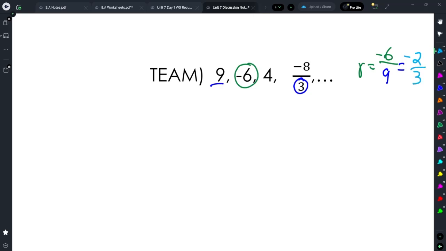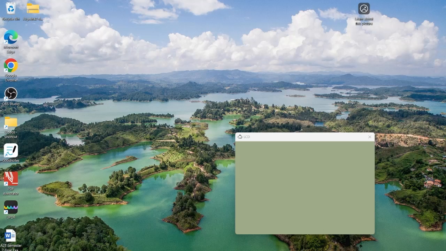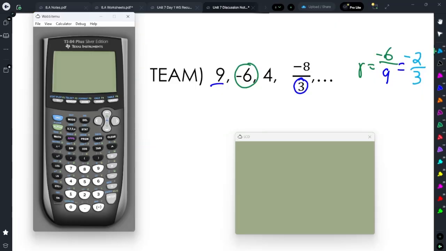Now, I want to make sure that this rule, that this r value applies to the whole sequence. So if I have 9 times -2/3, okay, I get -6.